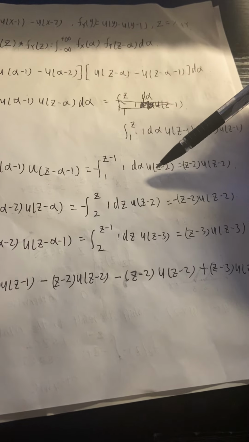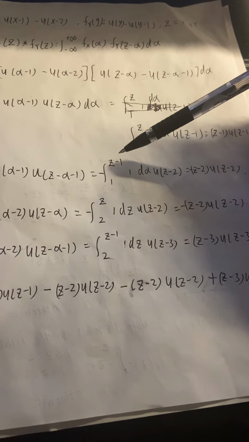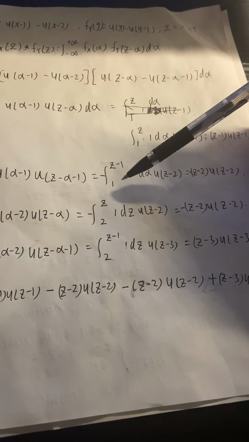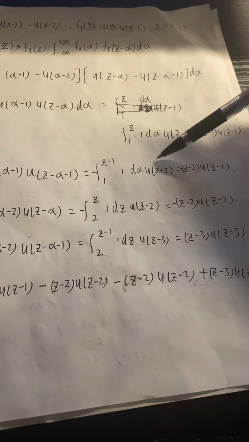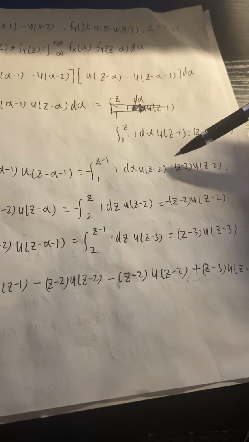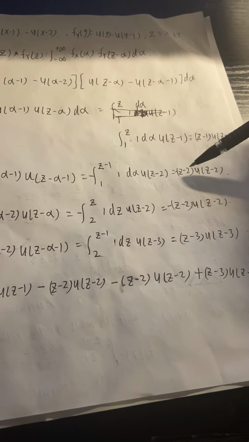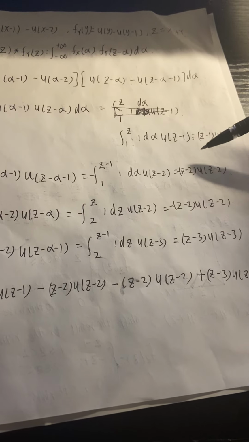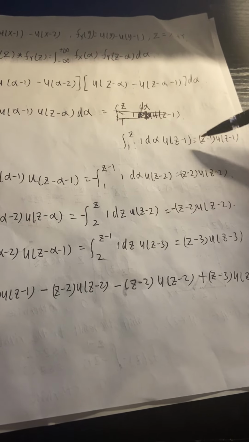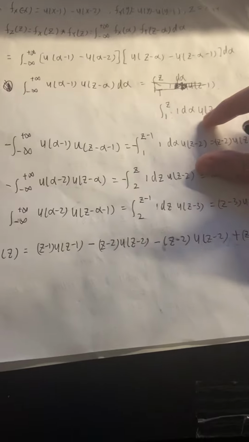For the step function, upper bound minus lower bound will be z-2. So the final result will be minus (z-2) times u(z-2).